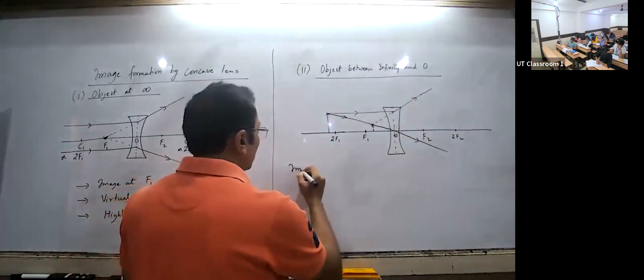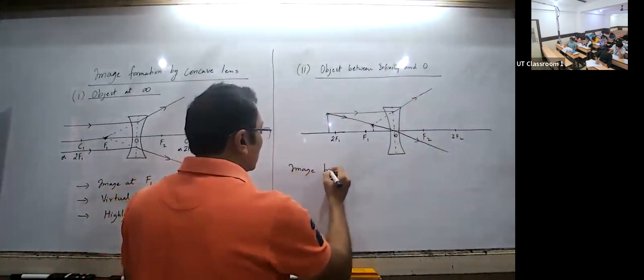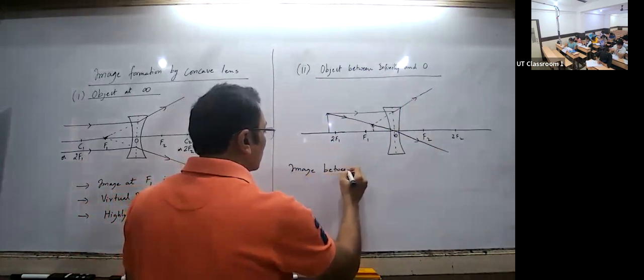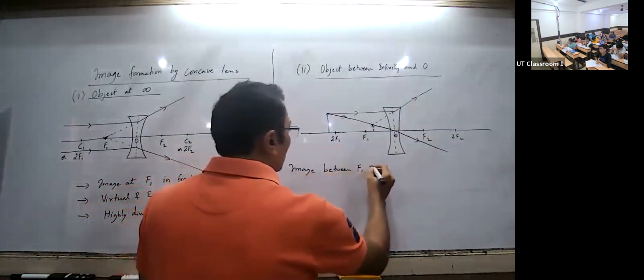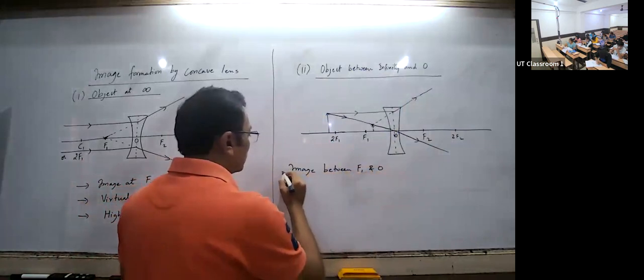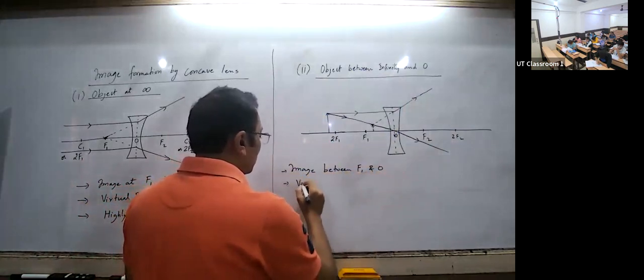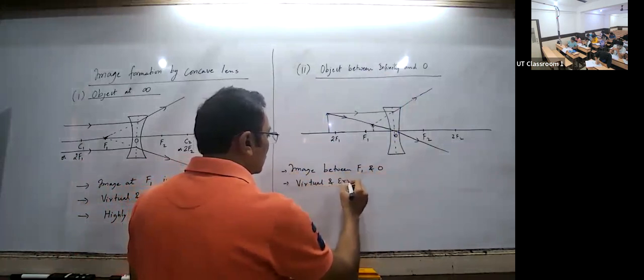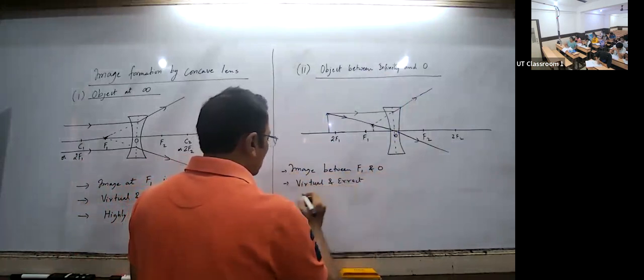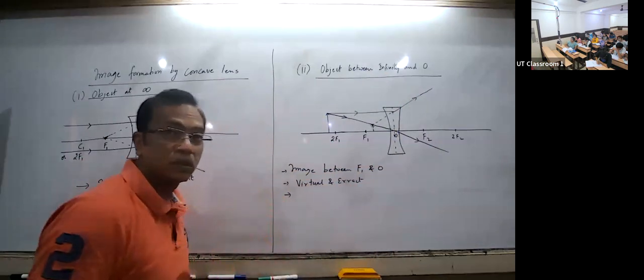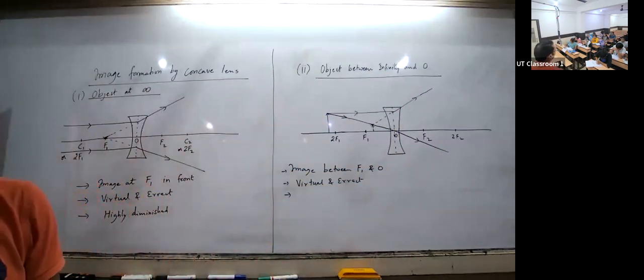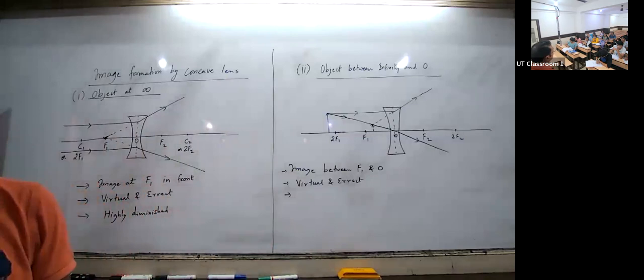So image between F1 and O. Nature is virtual and direct. And size is, who is saying highly diminished?